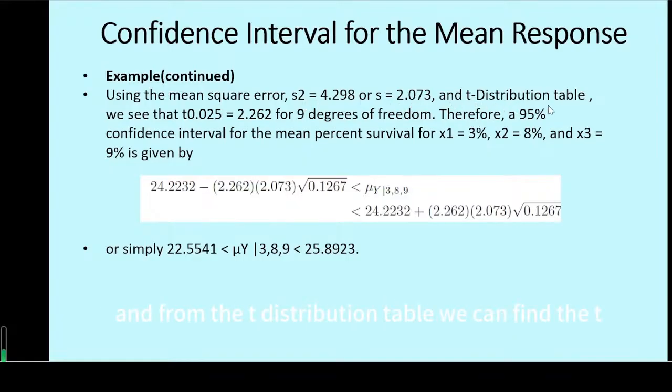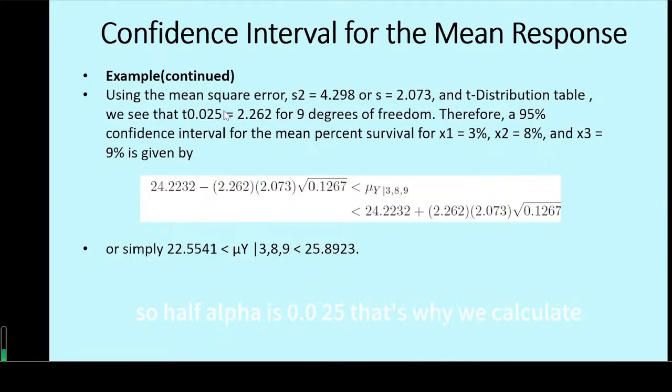And from the t distribution table, we can find the t critical value for 0.025 is about 2.2 for the 9 degrees of freedom. Because we want to calculate the 95% confidence interval, which means alpha is 0.05, equals 1 minus 95%, right?